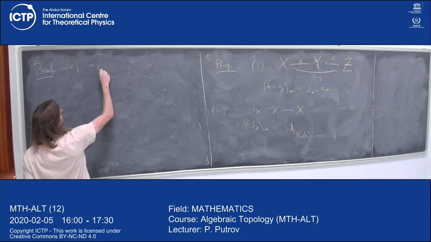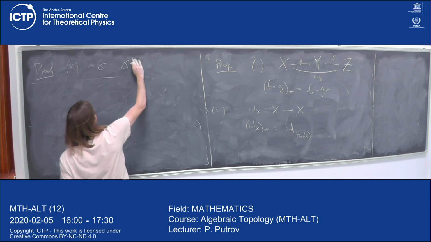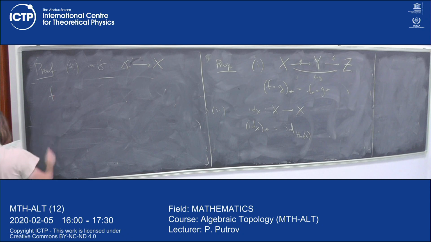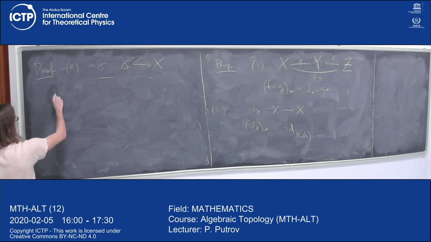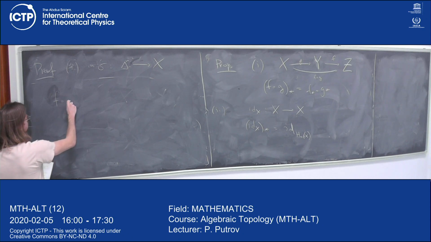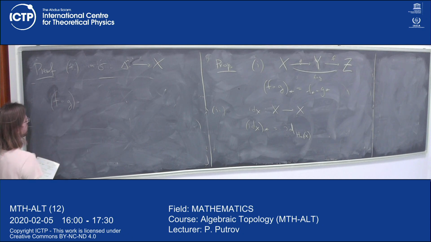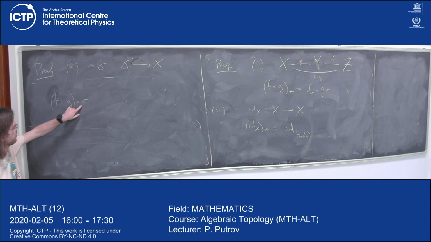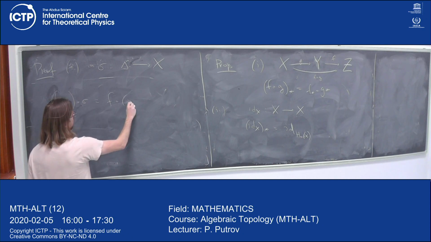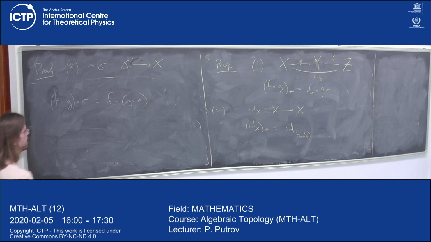So let me take some singular simplex in X. Let's do it this way. We consider compositions of maps F and G first, and then compose it with sigma. This is the same as composing F with the composition of G with sigma.